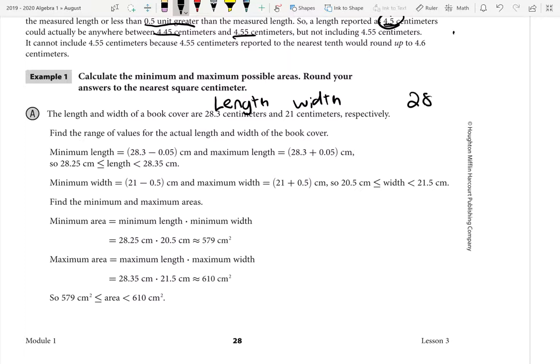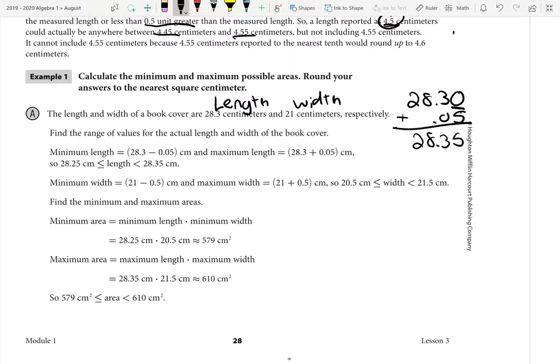So let's start with the 28.3. We have to take out half a unit less and half a unit more. So for half a unit less and half a unit more, we'd have to go one more decimal place over, which would be the hundredths, and we will add that hundredths and subtract that hundredths, the half unit being that 5. So adding the 0.05 to it, we'll have 28.35.